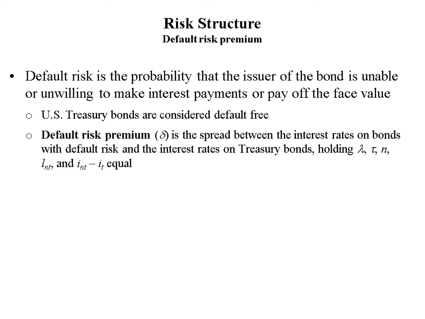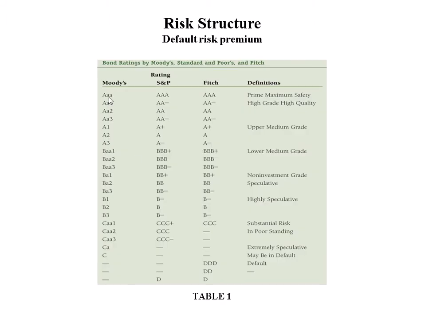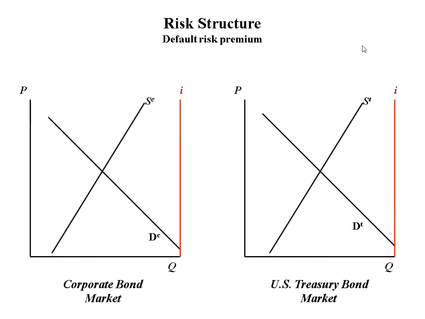So when you go from a rating such as this down to a rating such as this, the probability of default rises, because these are kind of speculative and these are really well-established blue-chip companies. Okay, so this is how the risk structure works.